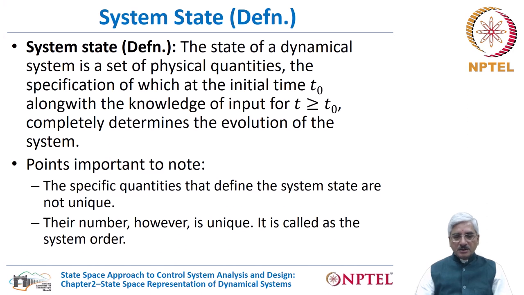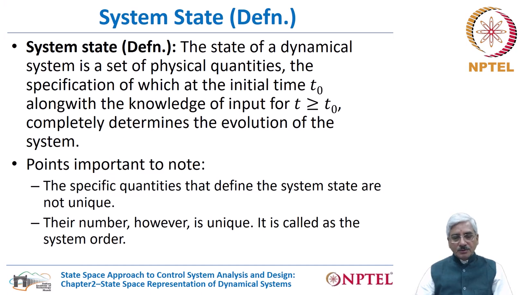Please take note, in this definition, instead of 'the set' of physical quantities, we have said 'a set' of physical quantities. Obviously, the definition implies that the set of physical quantities which can qualify as the state is not unique. There can be numerous choices possible.